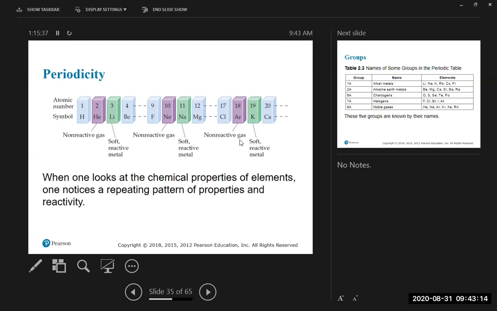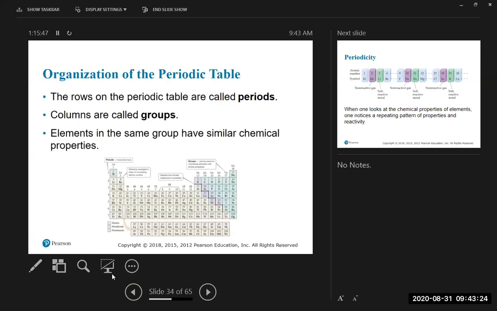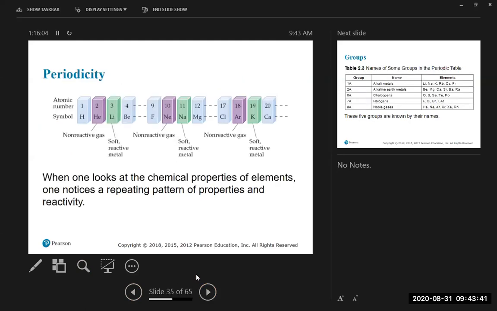The slide's kind of funny at the top, but if you look at the ones they're pointing out, helium, neon, on down the line, those are the noble gases, and we see those are on the far right-hand side. All of those are in the same column, the same group, so they're going to behave similarly. That's the periodicity they talk about.